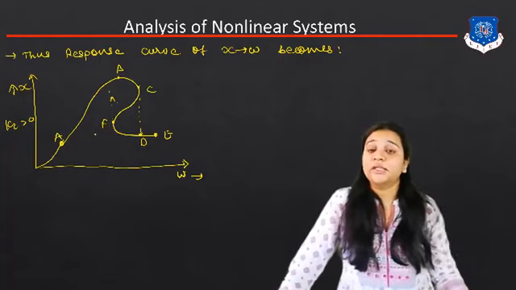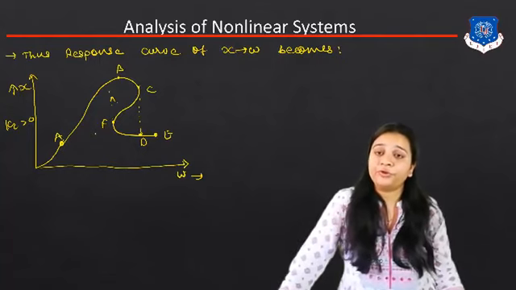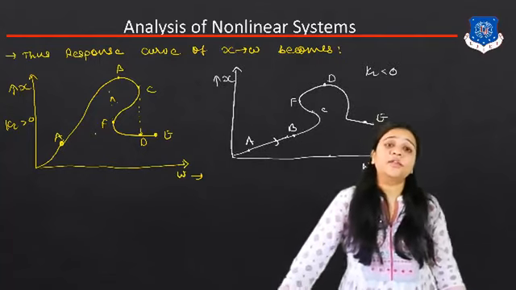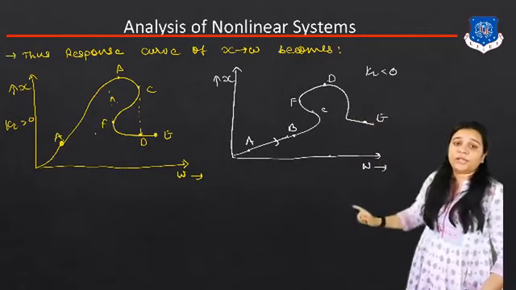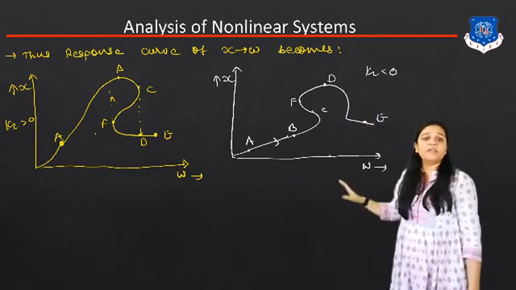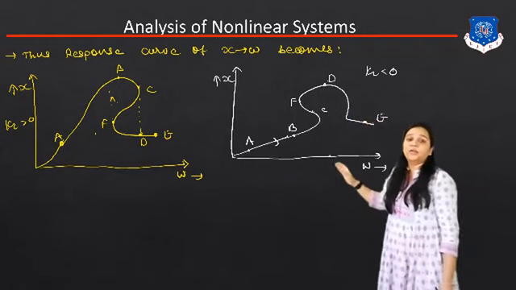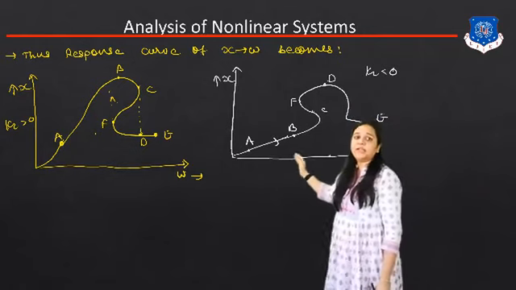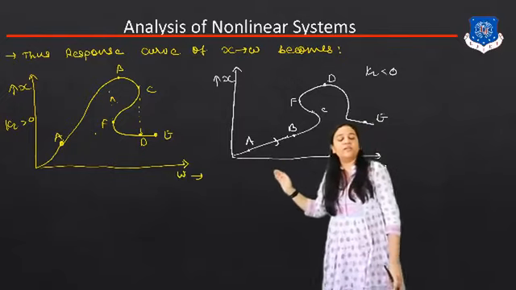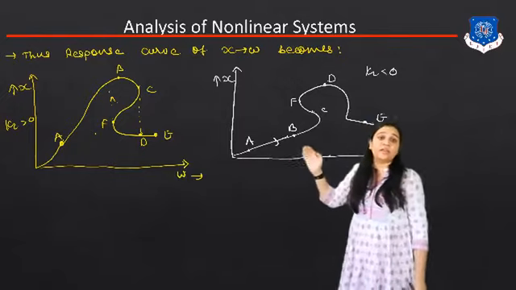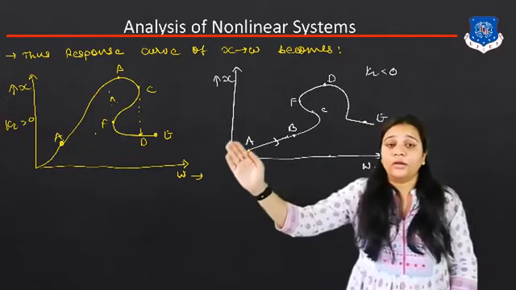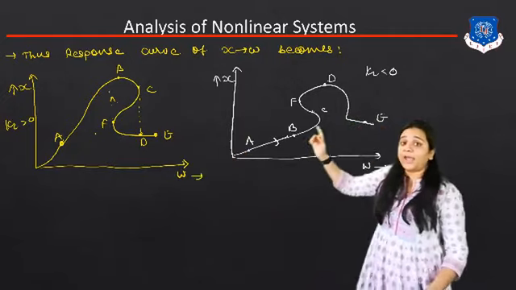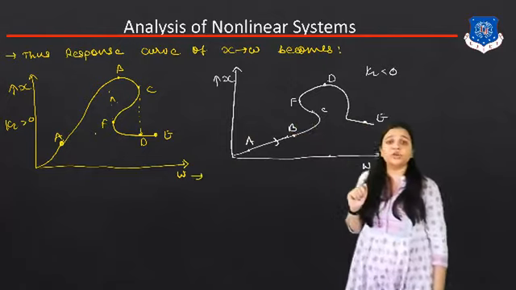Okay, this is about when we use the hard spring. If we use the soft spring, here K2 is less than 0. As you know, whenever we increase the value of omega, the value of x will increase, and we get the point A. When we increase omega again, we get point B. At K2 greater than 0, at point B we get the resonant peak.